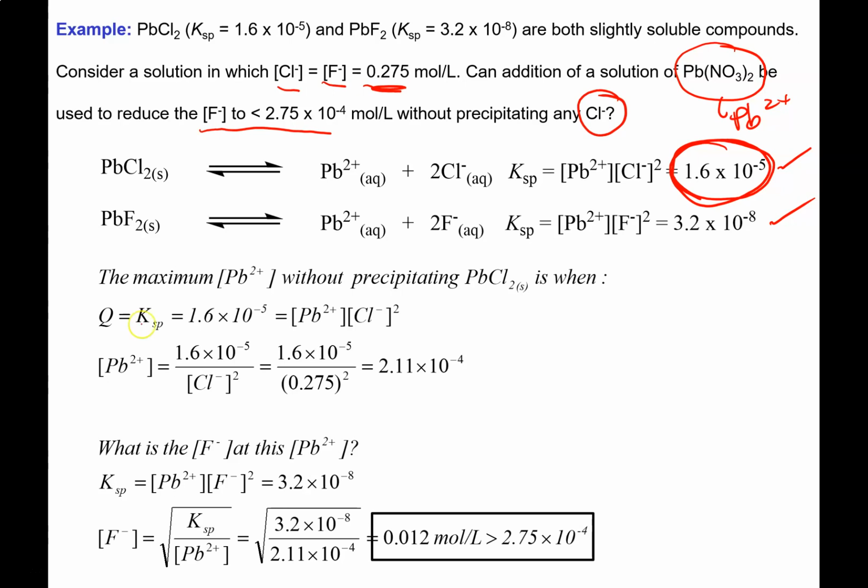So let's see what we've got here. Ksp for the lead chloride is 1.6 by 10 to the minus 5, and that's equal to the lead ion concentration multiplied by the chloride ion concentration squared. What we're going to try and do is calculate the lead ion concentration. So Ksp over the chloride ion concentration squared will give us the lead ion concentration.